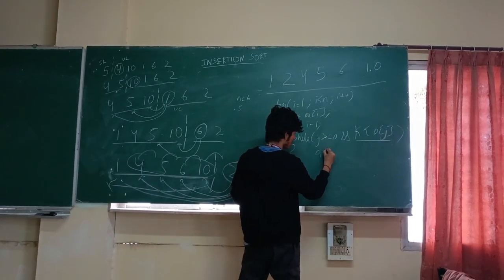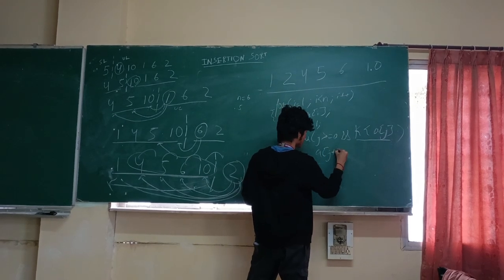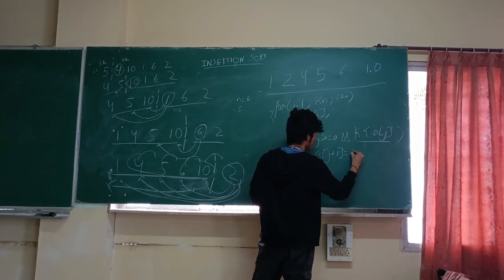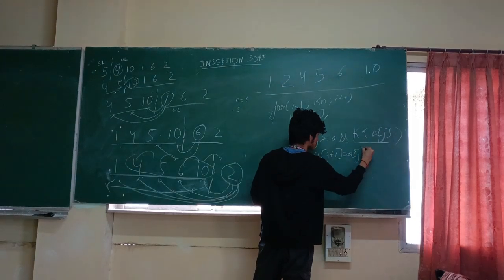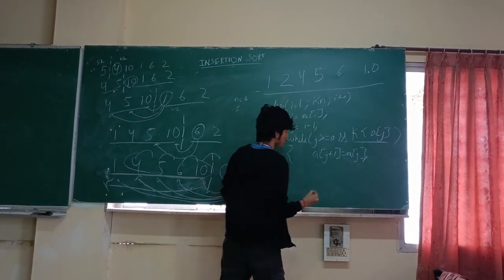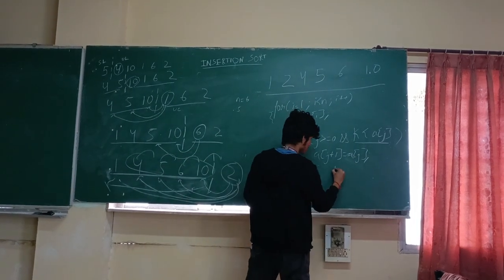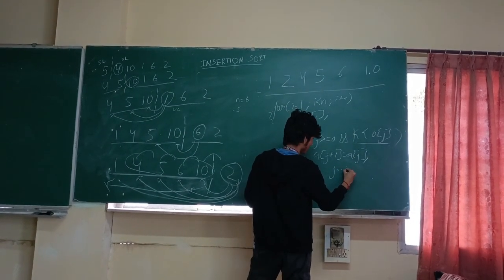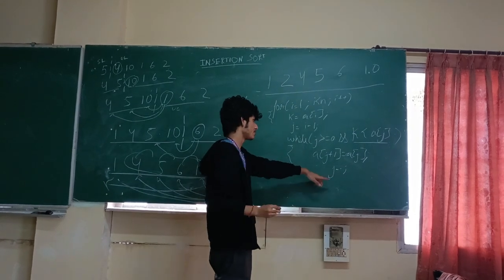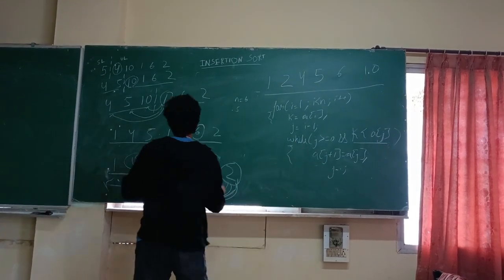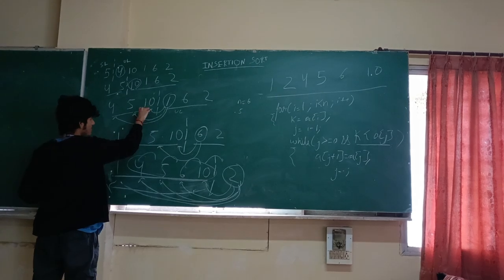So A of j plus 1 equals A of j. We are moving one position each time, and after each iteration we are decrementing j by 1, because we have compared with 10, so the next position should be 5.